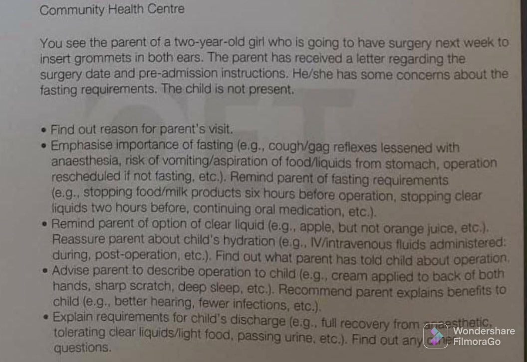Like that, in a simple story way she can get the information. Then we can recommend the parent explain benefits to the child also, like after the surgery better hearing and fewer infections, because she's getting recurrent otitis media, that is why she is undergoing the surgery, so she can add that one also.